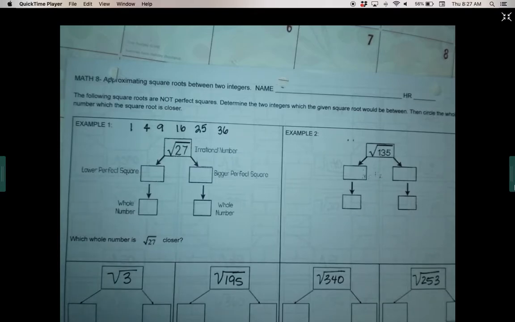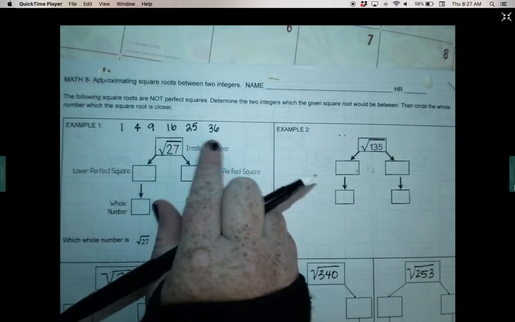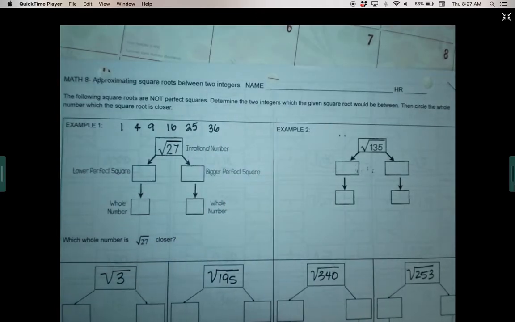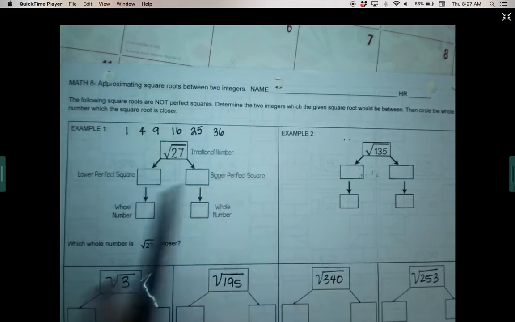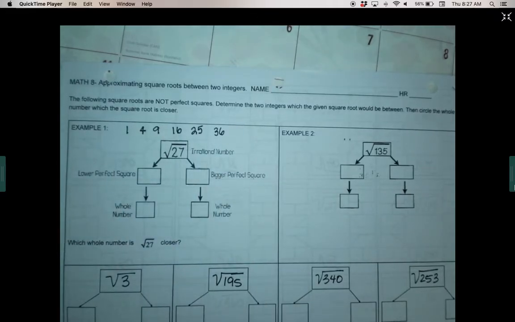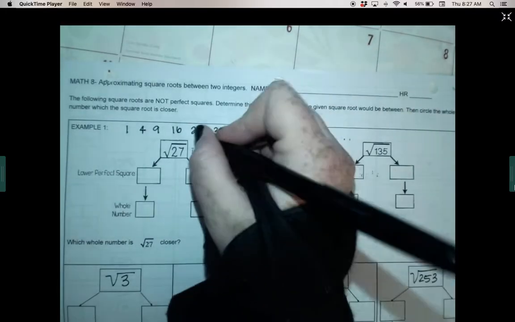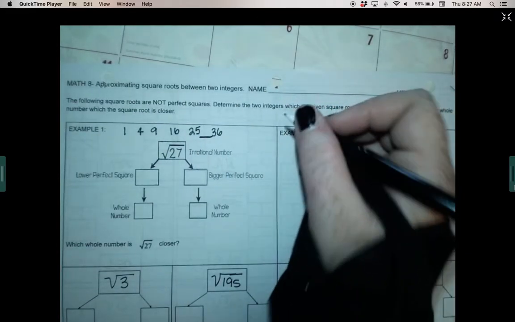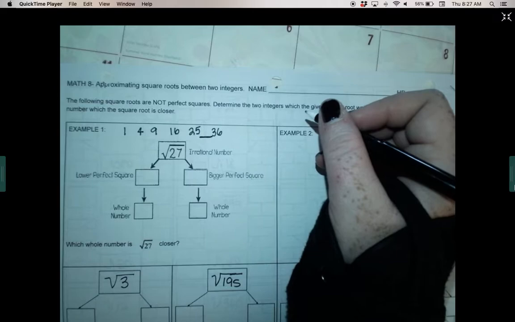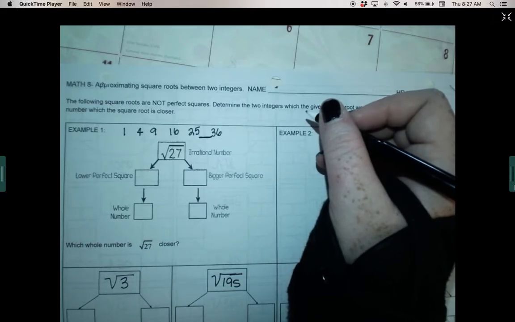So if I look at these perfect squares, where would 27 fit in this list of perfect squares? Like describe. It would be between blah, blah, blah, and blah, blah, blah. It would be close to blah, blah, blah. Grace? Between 25 and 36. So it'd be somewhere between here, because I know that 25 is lower than 27, 36 is higher than 27.